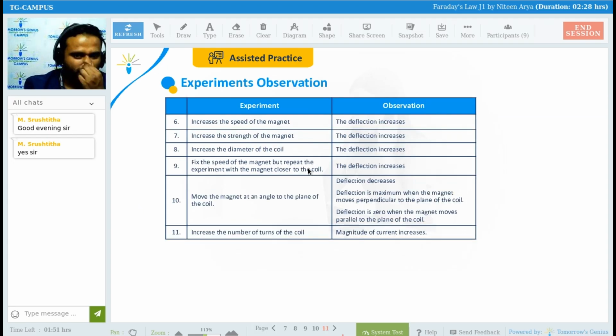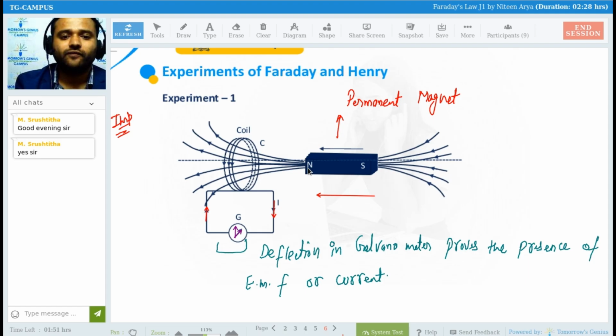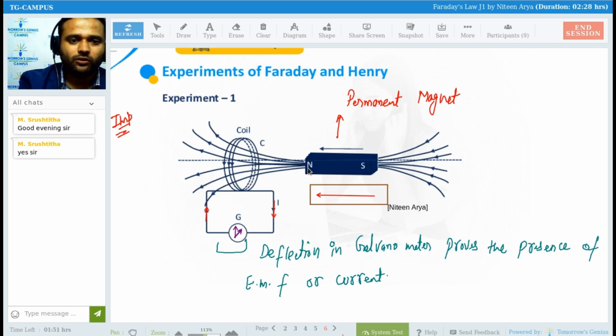Okay, moving ahead. This is the experiments and this is the observation. Now magnitude wise you are going to get also. What is the meaning of saying that? Back to this page. Suppose there are two magnets, north and south.